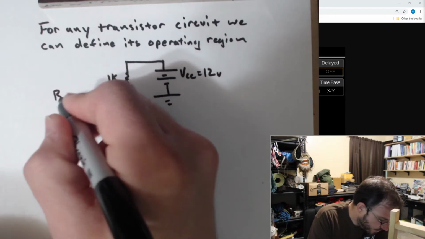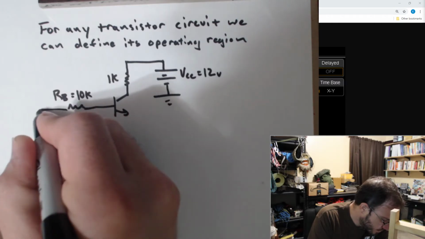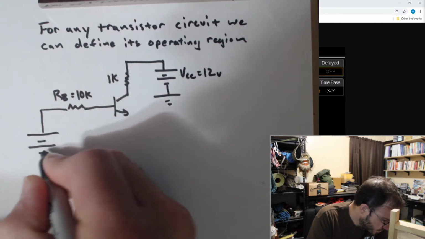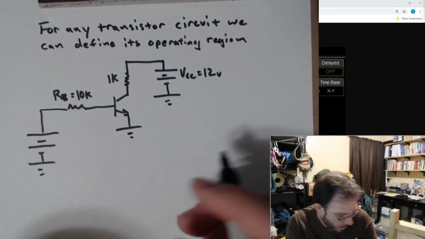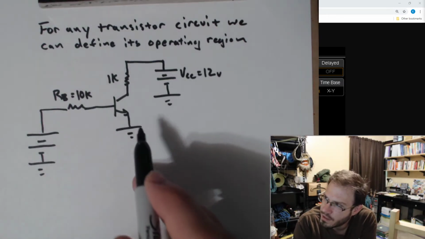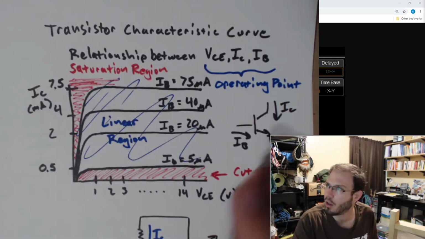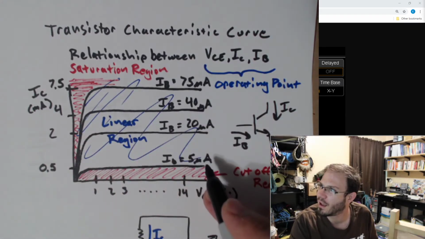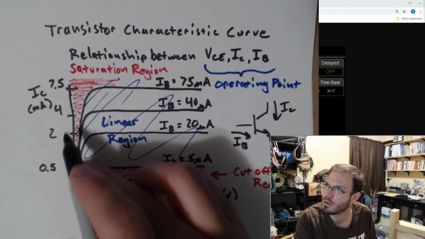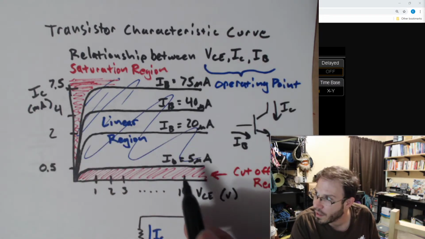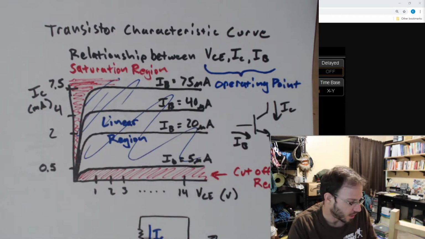so if we attach some values over here, now all of a sudden we no longer have all possible operations of this transistor. We're now fixed to what ends up being a straight line across this characteristic curve.